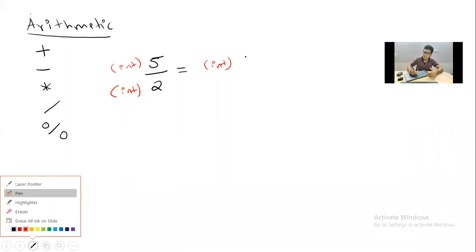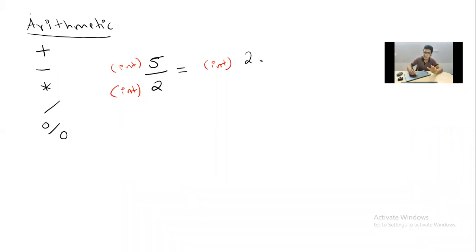Since we want only the integer part, the 0.5 is lost. That's why 5 by 2 is 2. That's the one thing in division. I hope all of you already know this.